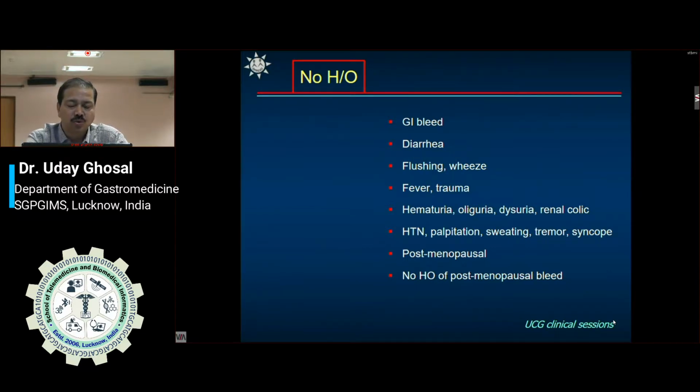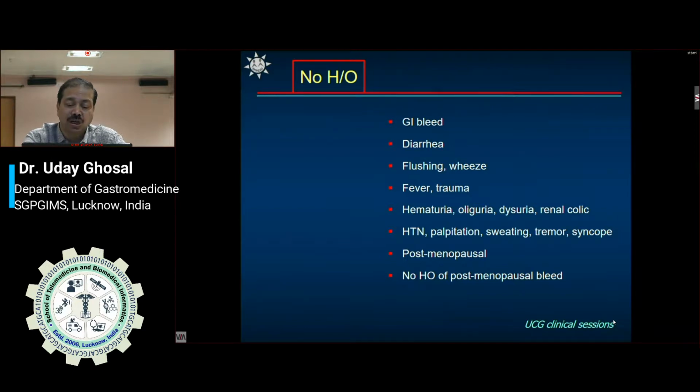Like when there is a patient of right iliac fossa lump and I'm talking about flushing and wheeze, obviously I'm meaning carcinoid syndrome. When I'm talking about hematuria, oliguria, dysuria, renal colic, I'm trying to say that this lump is not related to the kidney.